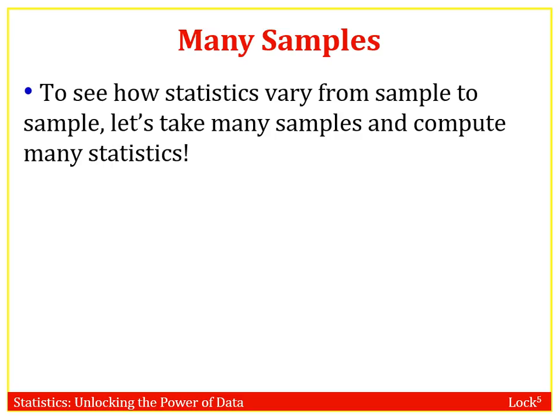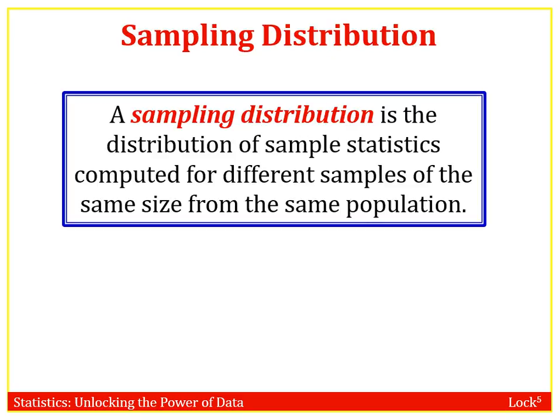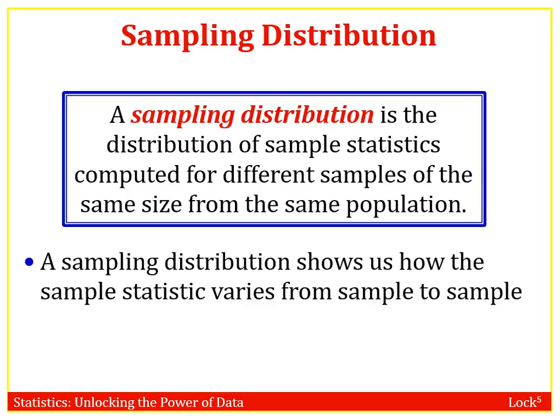We want to get the statistic from one sample, then another sample, and do that many, many, many times. When we plot all these statistics from all our samples, we get a sampling distribution. That sampling distribution comes from all those different samples for our same population.